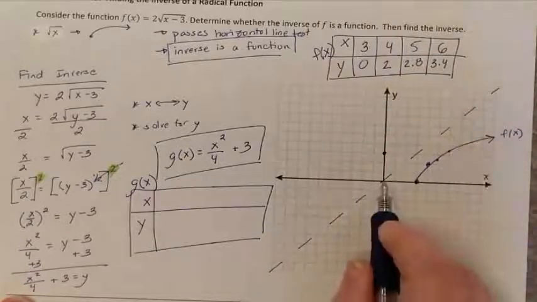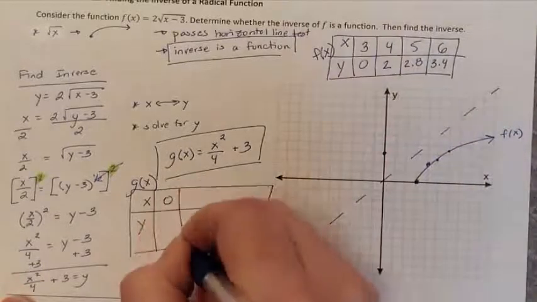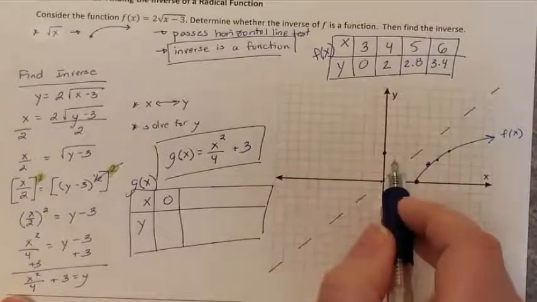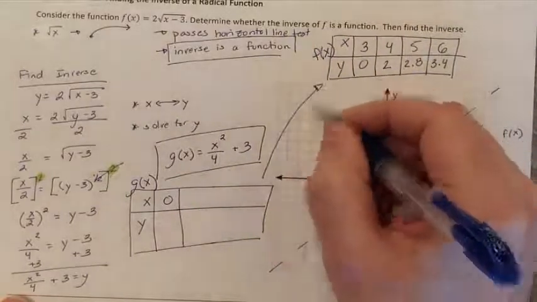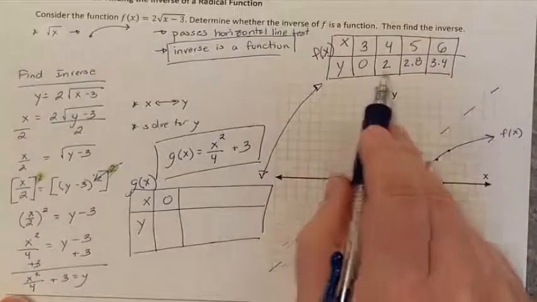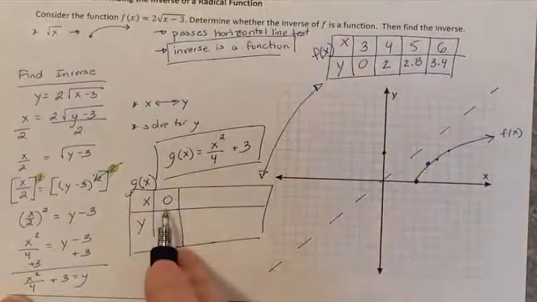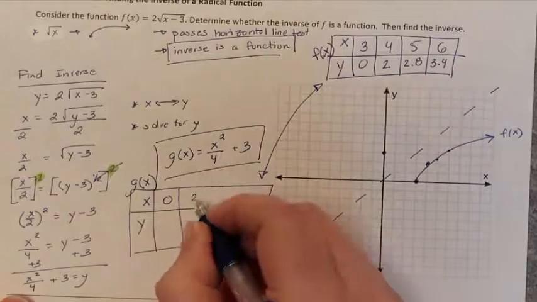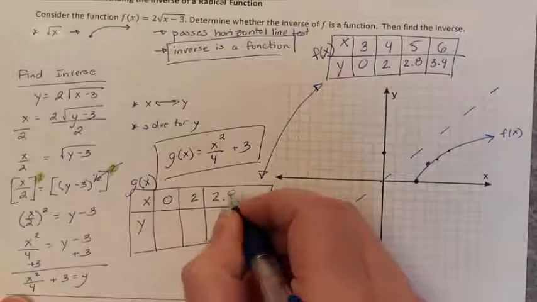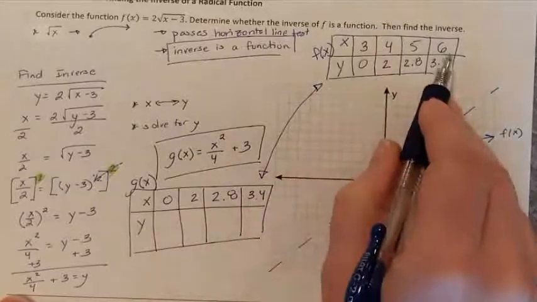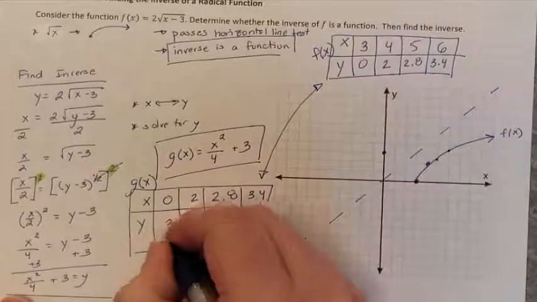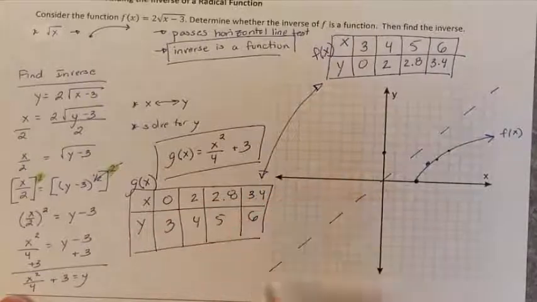So I'm going to start at the x of 0, and see what my values are. We also know that the y values become x's in the inverse. So 0, 2, 2.8, 3.4, and the x's become the y's. So 3, 4, 5, 6.